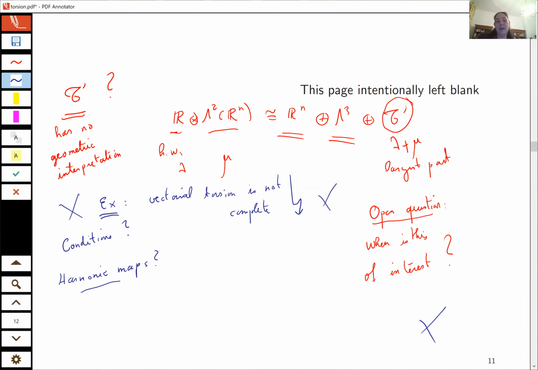We will have to say later what is a reasonable free form to add, which I haven't done so far. Any arbitrary free form will not contain anything interesting. So how to select a good connection? Well, a good connection with torsion will exist when you have some additional geometry.